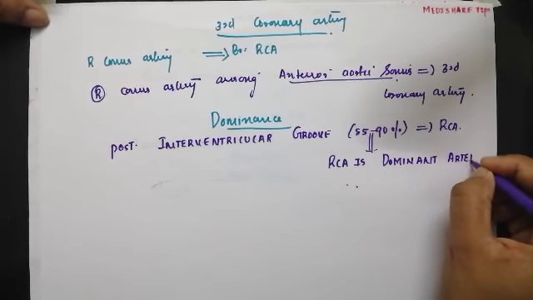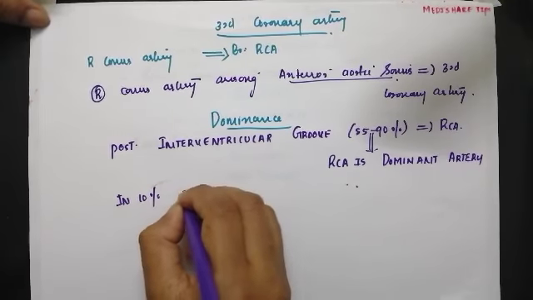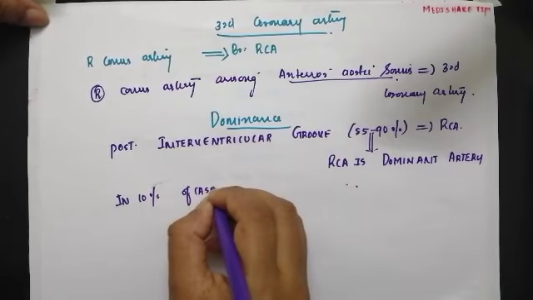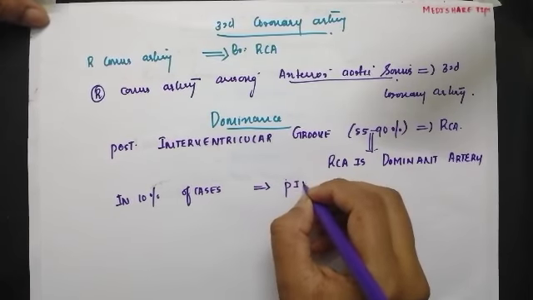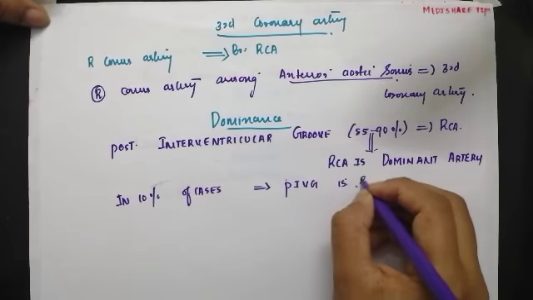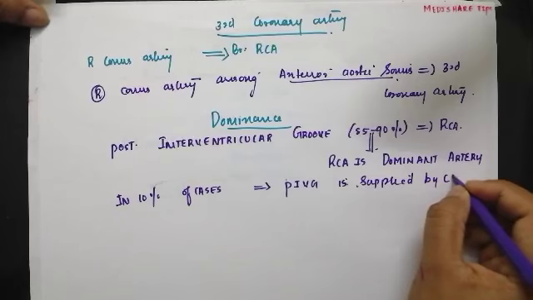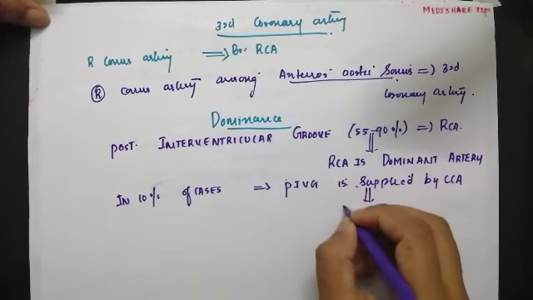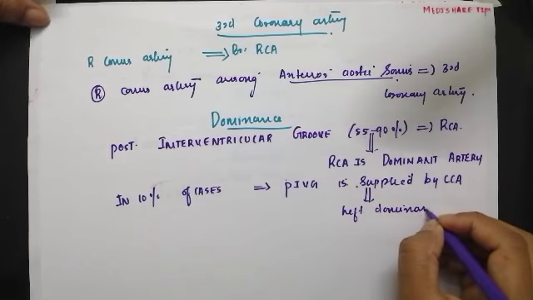In the remaining 10% of cases, the posterior interventricular groove is supplied by the left coronary artery. That is called left dominance. So more common is right dominance.